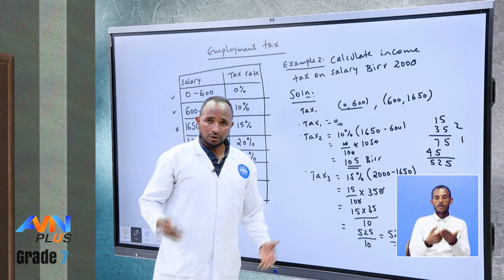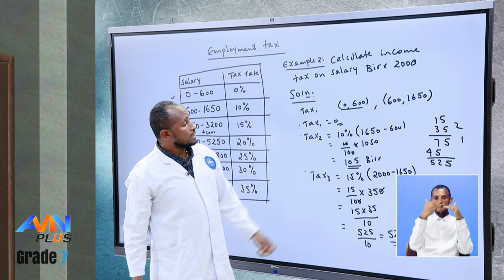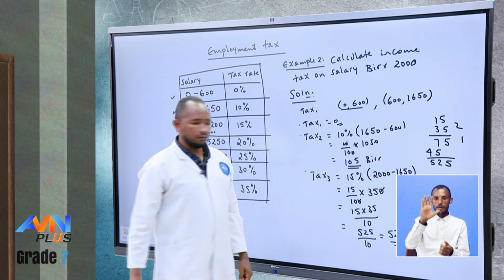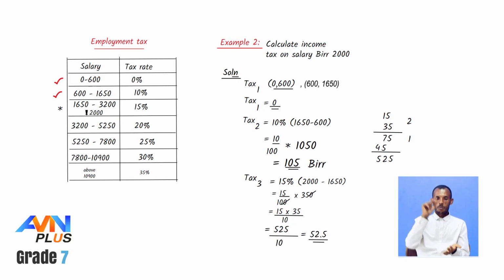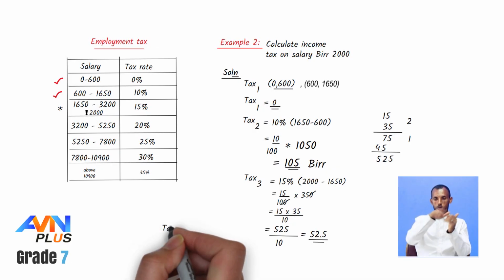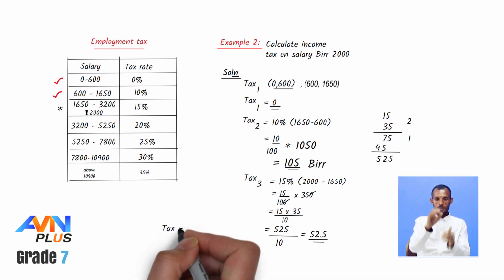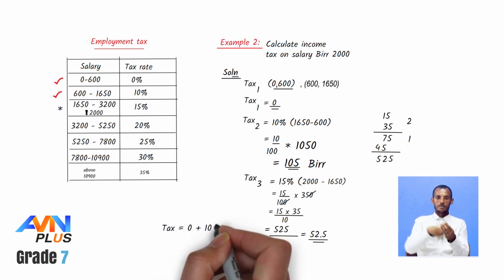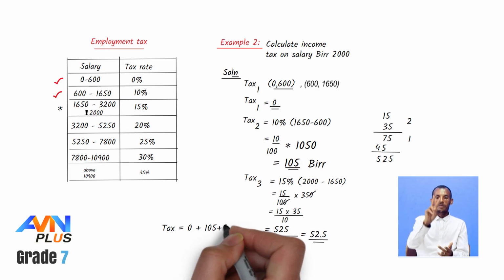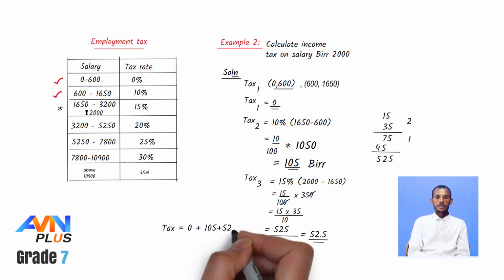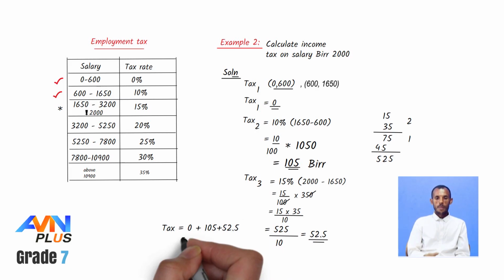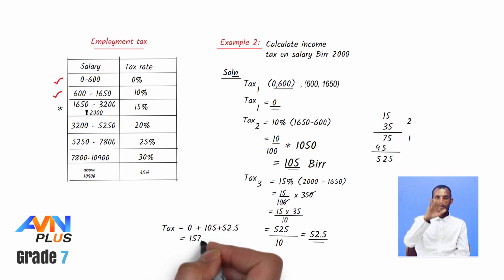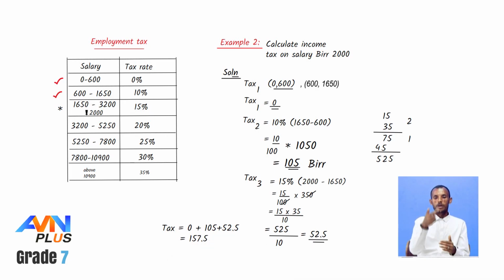Therefore, the total tax amount will be the sum of each: 0 plus 105 on the second interval plus 52.5 on the third interval. This gives us 157.5 birr to be paid as tax.